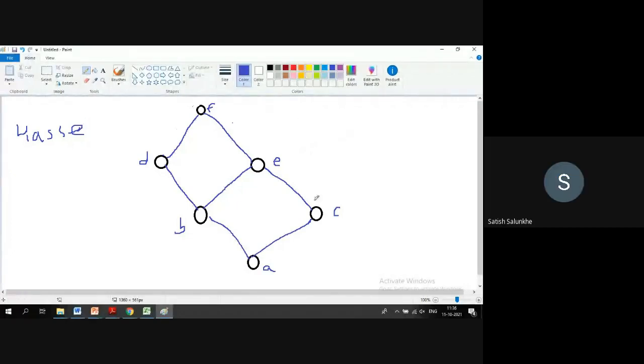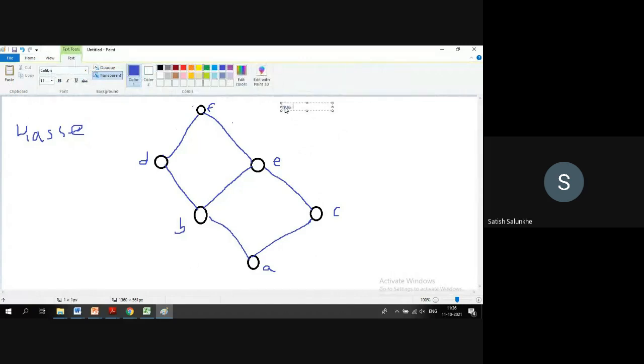Now, in this Hasse diagram, what is the maximal element? Yes, sir. It belongs to itself, no?